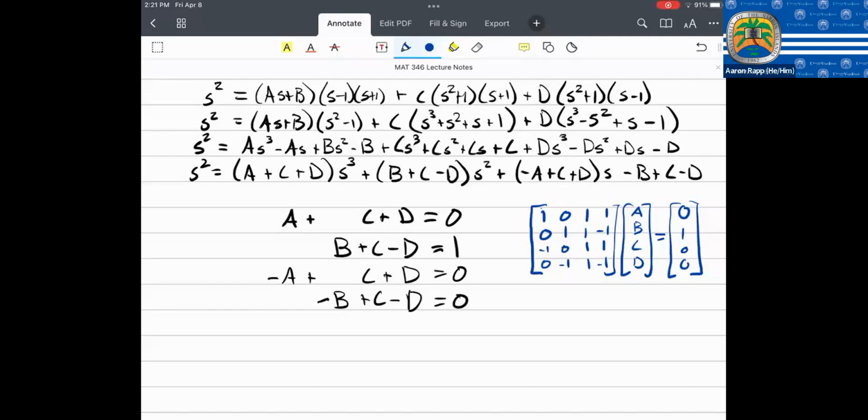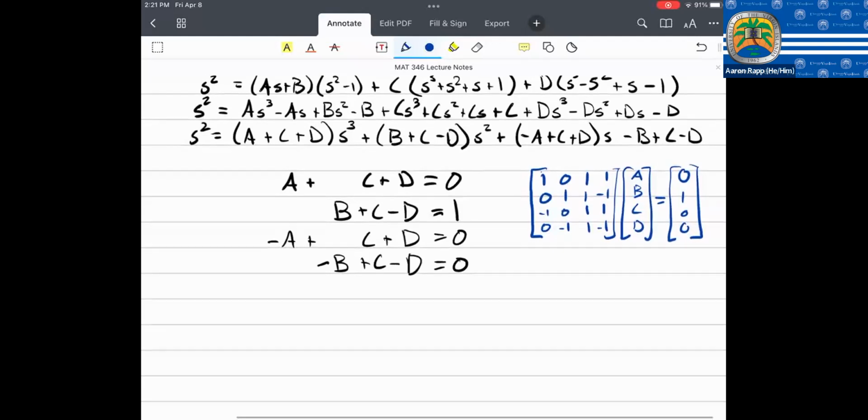Yeah, B would cancel each other out, but I'd be left with A plus B plus 2C is equal to 1. So from two equations, I had 4 unknowns, and okay, maybe reduce it to 3, that might be helpful. But if I took that first equation, added it to the third equation, these would cancel each other out, leaving me with just C plus D has got to be equal to 0.